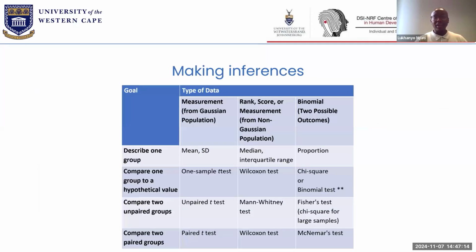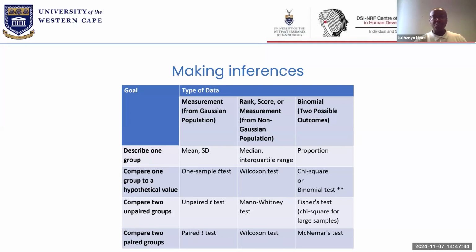All right. Now here, this is just a table. I'm not going to go into detail on this table, but this will be available to you. What this table does is show you the different scenarios that you may encounter in terms of your research question, firstly the summarization, as well as the different tests that you can use for your hypothesis test.